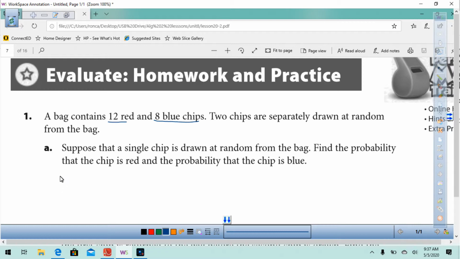Okay, so we want to find the probability of a red chip and the probability of a blue chip. There are 12 chips that are red, and 12 plus 8 is 20.